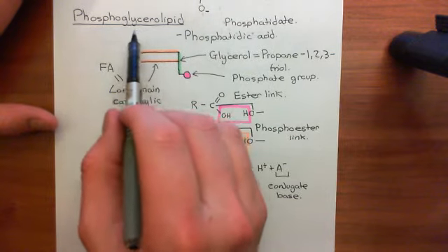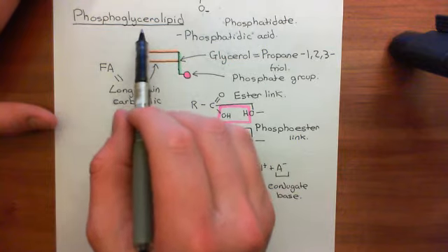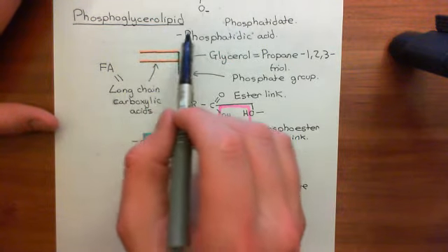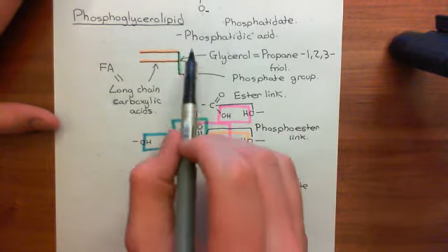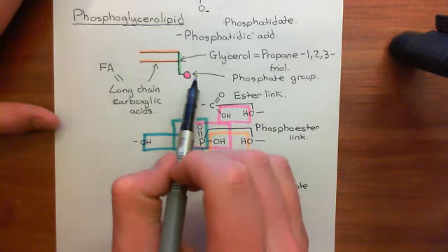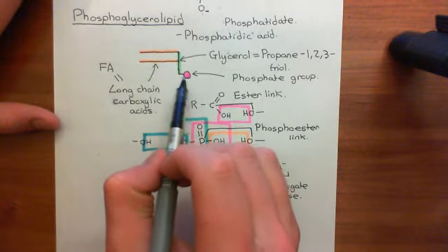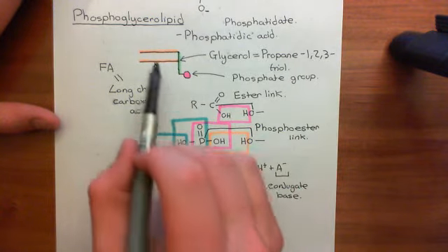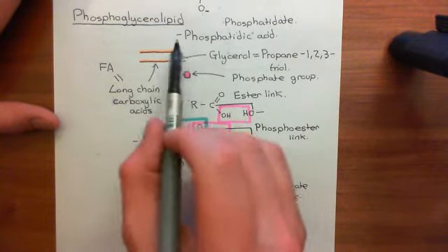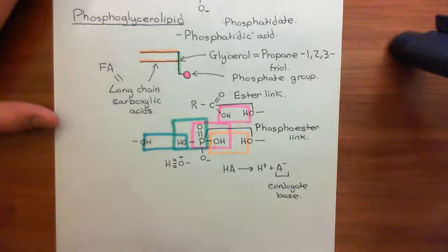It's kind of considered the core phosphoglycerolipid from which all the other phosphoglycerolipids are then derived. And notice another thing, phosphatidic acid itself is a phospholipid, because it's got a phosphate group, and it's also got a long-chain carboxylic acid within its structure, so it is a phospholipid itself.